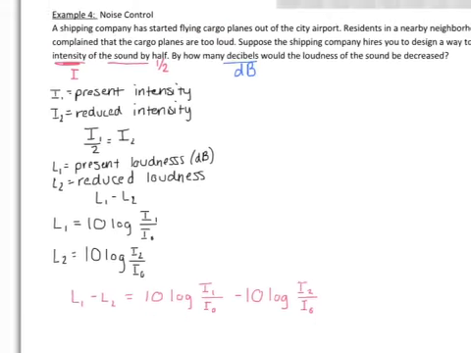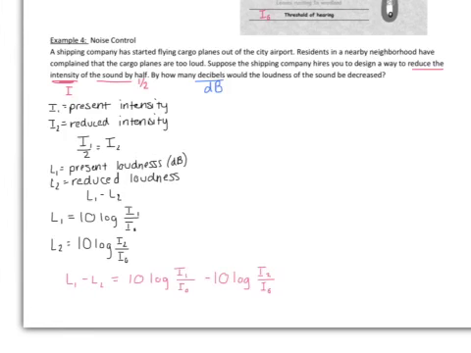I'm going to go up to the top. So we can replace that. L1 minus L2 equals 10 log intensity 1 over intensity naught minus 10 log, and I'm going to replace I2 with intensity 1 over 2, which is the same thing as a half times intensity 1, so 0.5 intensity 1.